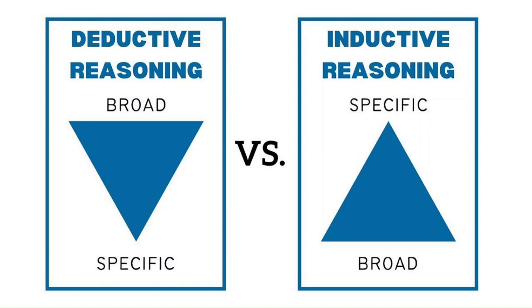We're looking at a broad scenario, what the P pages say, and apply it to this specific situation. And that isn't overcoming the objection. So we can flip that reasoning on its head, go to inductive reasoning, and look at specific scenarios to apply to the broad topic.